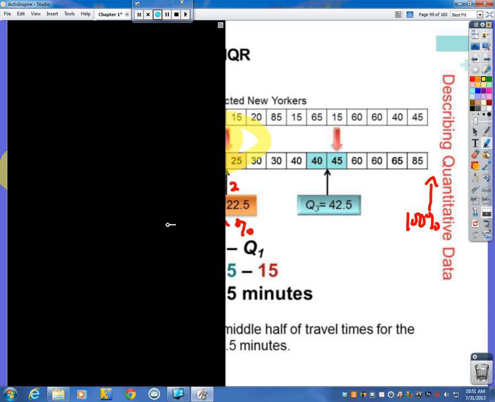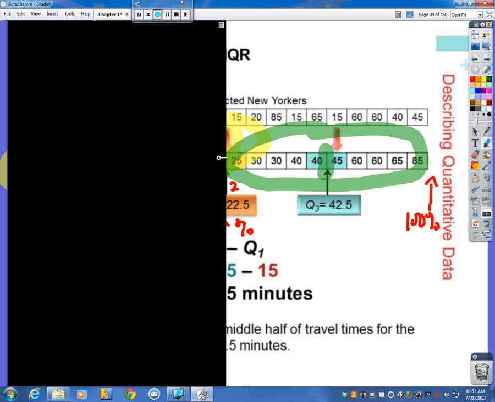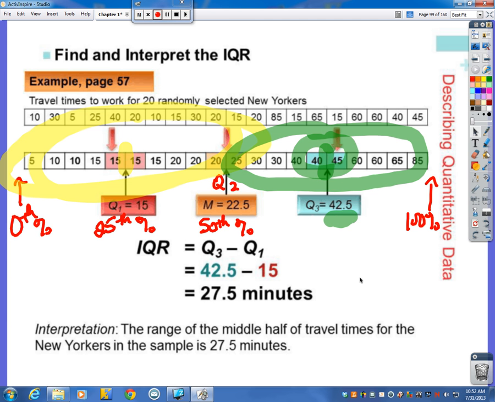Likewise, Q3 is the median of the second half of the data. So if you took your second half of your data and asked, what number's in the middle of my second half? Well, I got a tie. I have to find the average of 40 and 45. It's 42 and a half. There's Q3. Again, the calculators are going to find those values for us so that it makes it nice, quick, and simple.